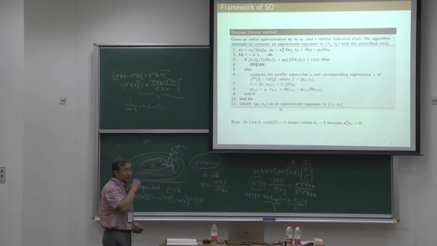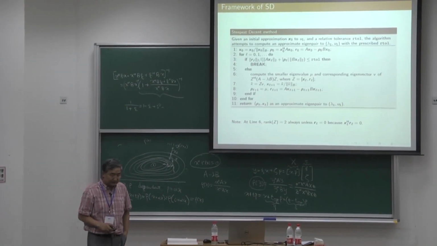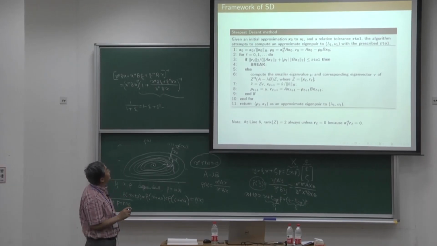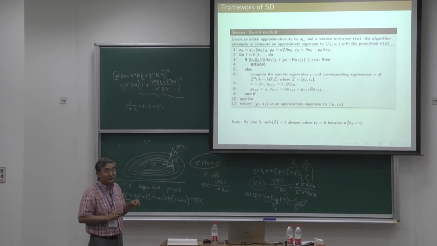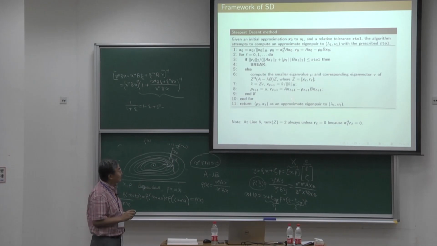Okay, that's the framework of steepest descent, simple enough. So you take an initial vector, you always provide an initial. Normally in the sample code that I provide on the webpage, you take a random vector. That's when I don't know anything, you just put a random one. Then we're trying to compute the first eigenpair, all right?